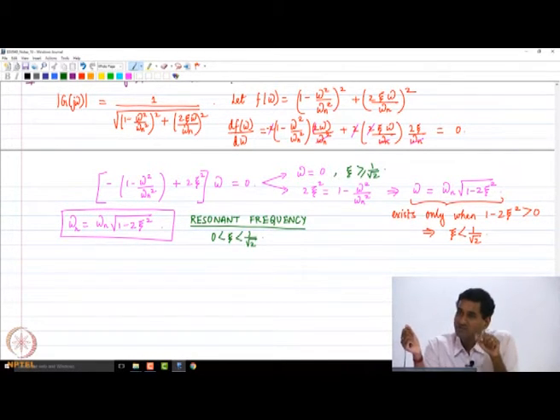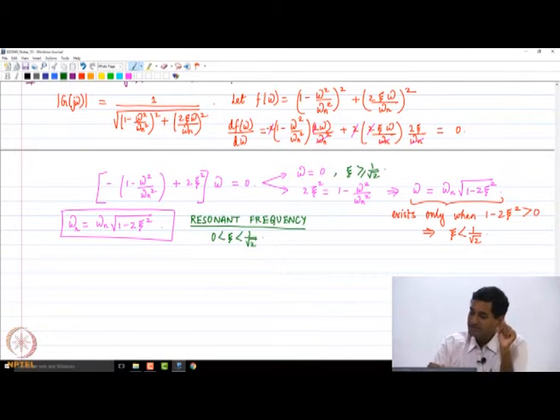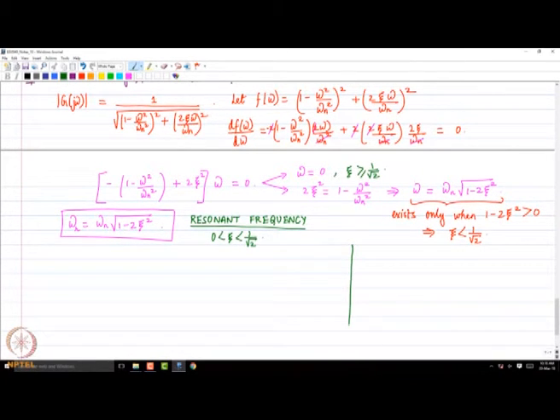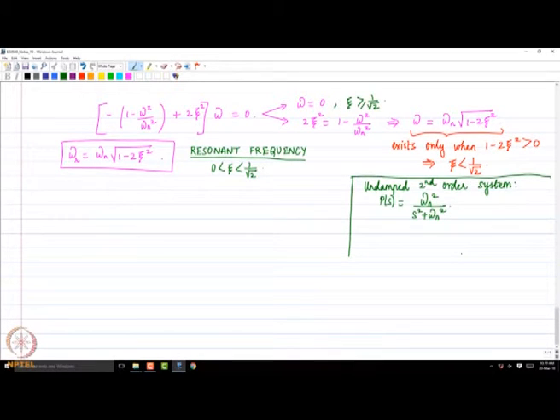And also, let me write it as an aside, if you look at an undamped second order system, the transfer function is going to be omega n squared divided by s squared plus omega n squared. Do you agree?